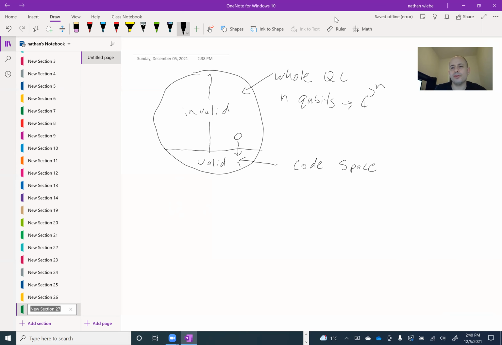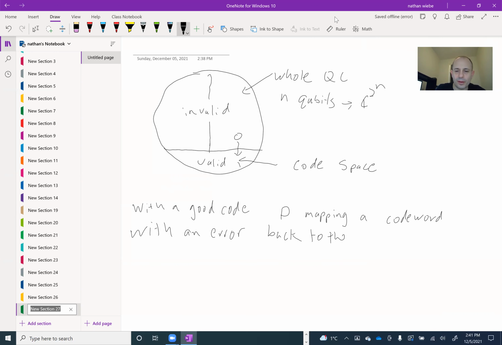And if this quantum error correcting code is chosen well with respect to the actual errors that we have in the system, then for a good code, the probability of mapping a code word, which is a state in the valid space, with an error back to the valid code word is high. Okay, so that is essentially the idea.